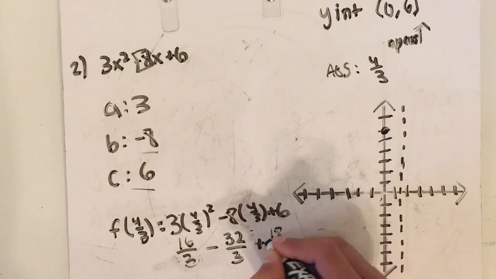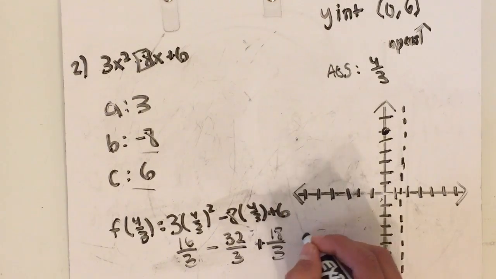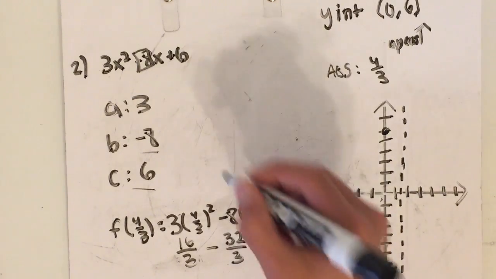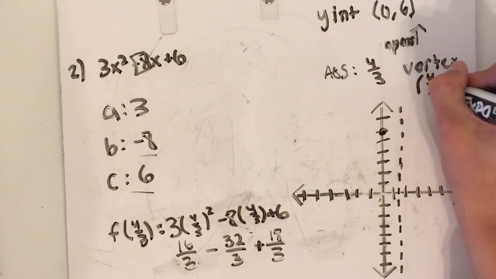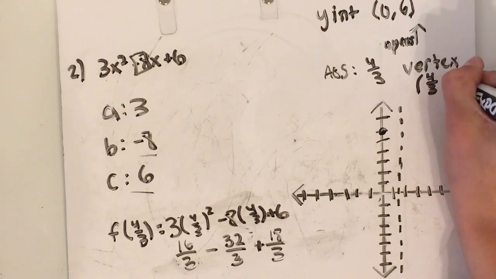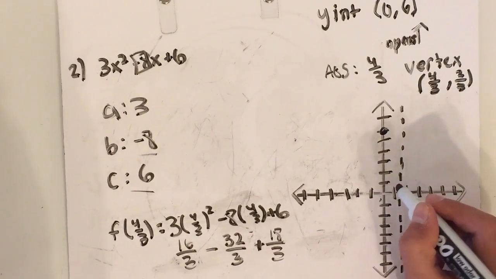So 18 over 3. 16 minus 32 is -16, plus 18 which is 2. So our y of the vertex is 2. So our vertex is going to be 4 over 3, 2 over 3. So that 2 over 3 is not quite 1, but almost.